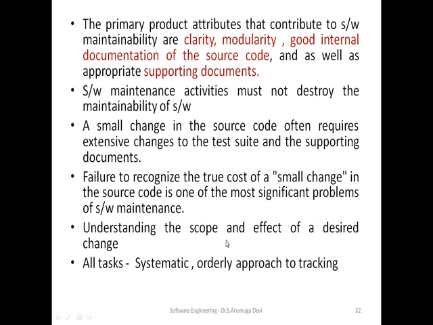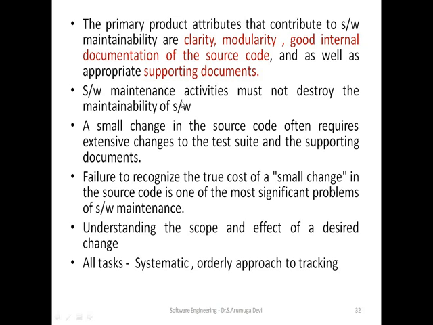The primary product attributes that contribute to software maintainability are clarity, modularity, good internal documentation of the source code, and supporting documents. When you design the modules in a clear way, with clarity and good documentation, the maintenance work is very easy.